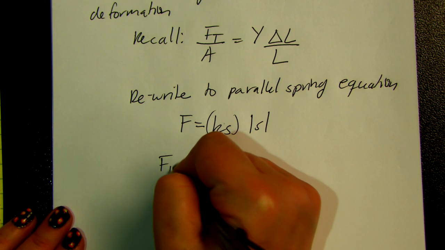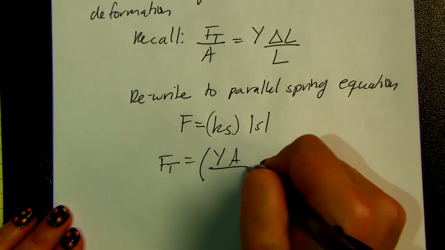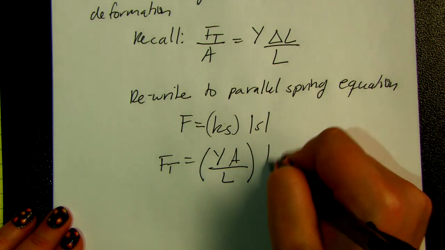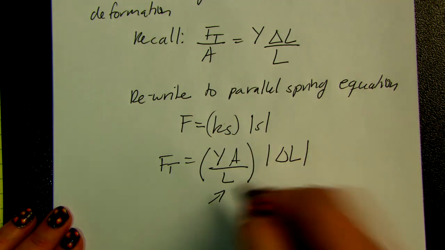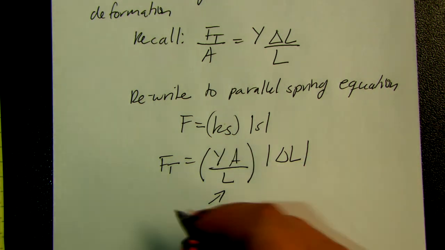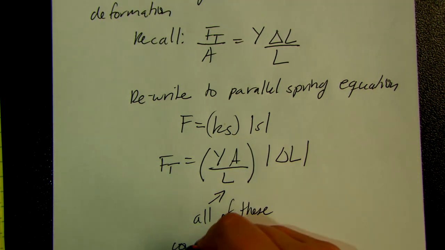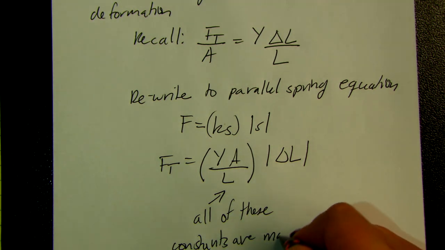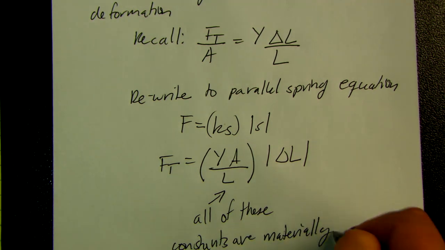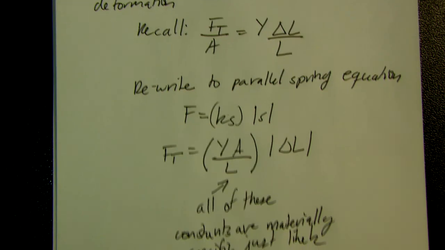And so tension force is equal to Young's modulus times the surface area divided by L times the magnitude of delta L. And all of these constants are material specific, just like the spring constant.